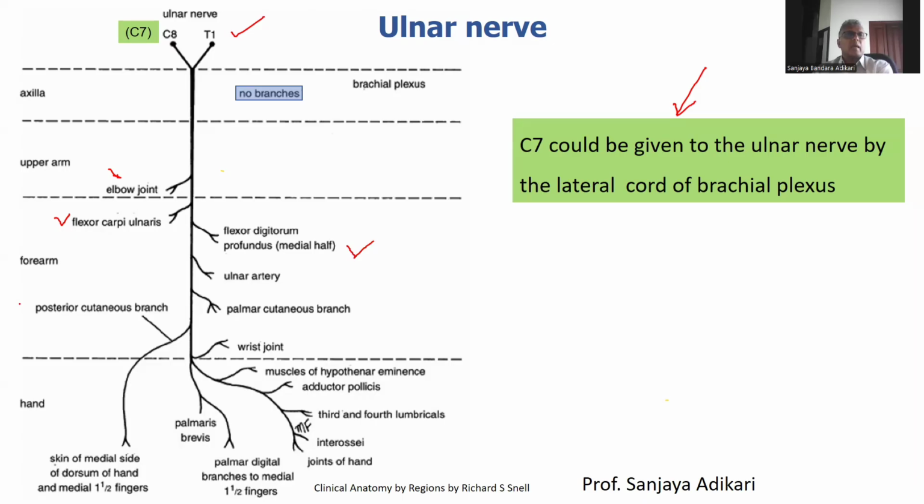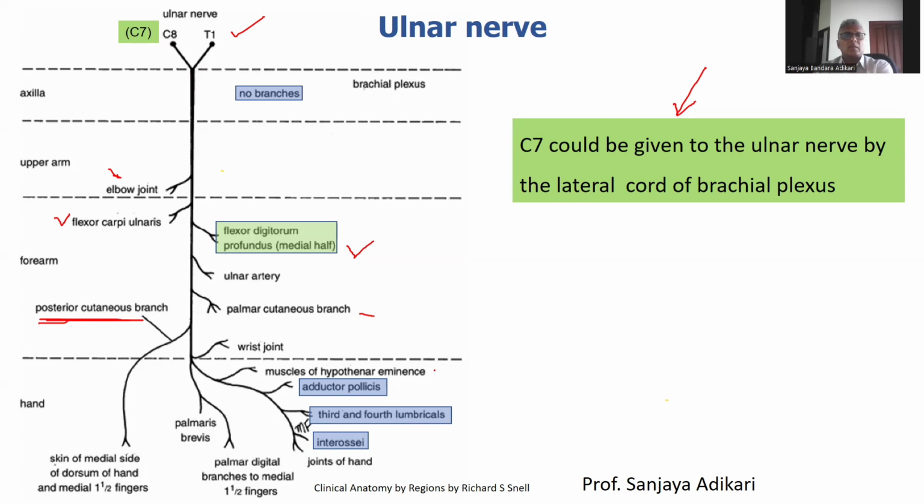Then in the hand, it gives a posterior cutaneous branch which supplies the medial aspect of the dorsum of the hand. The palmar cutaneous branch will supply the medial aspect of the palm, and the digital branches will supply the medial 1.5 fingers. That's a different issue.